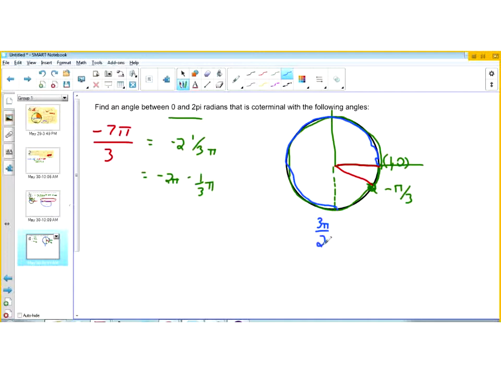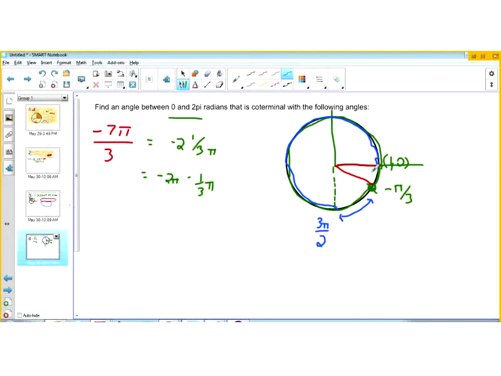Then we have to traverse this remaining distance and add it to 3 pi over 2.